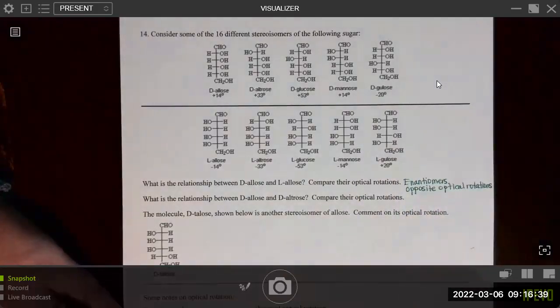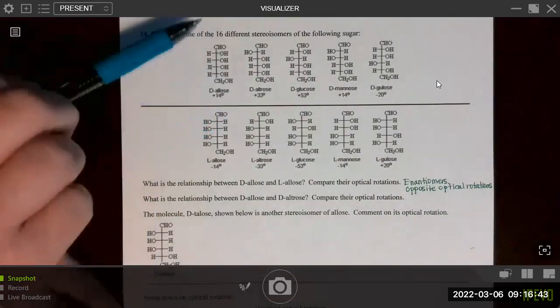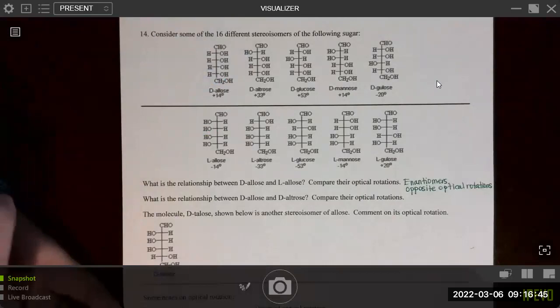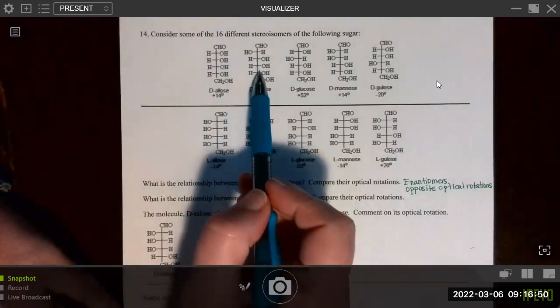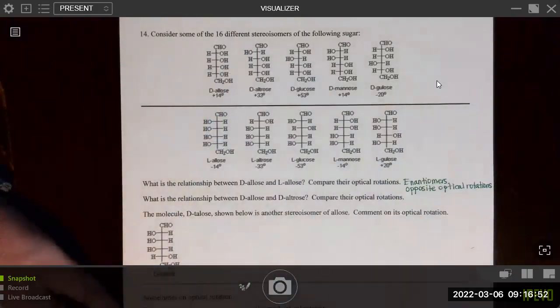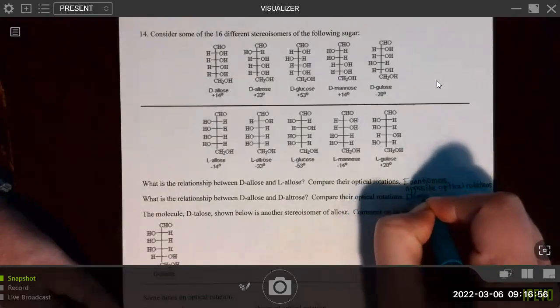The next question says, what is the relationship between D-allose and D-altrose? And so we can see here that the last three stereocenters are the same, but this top one is different, right? So these would be related as diastereomers.